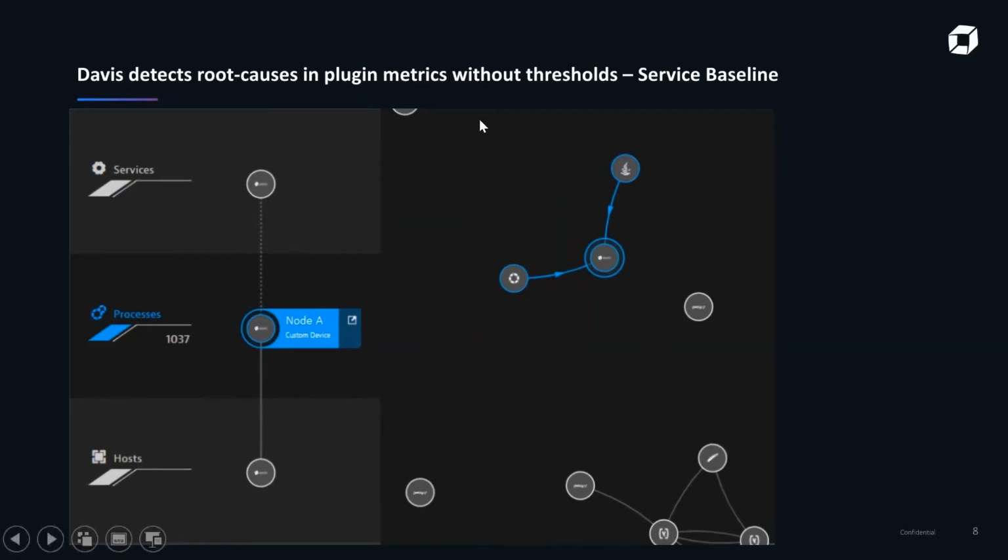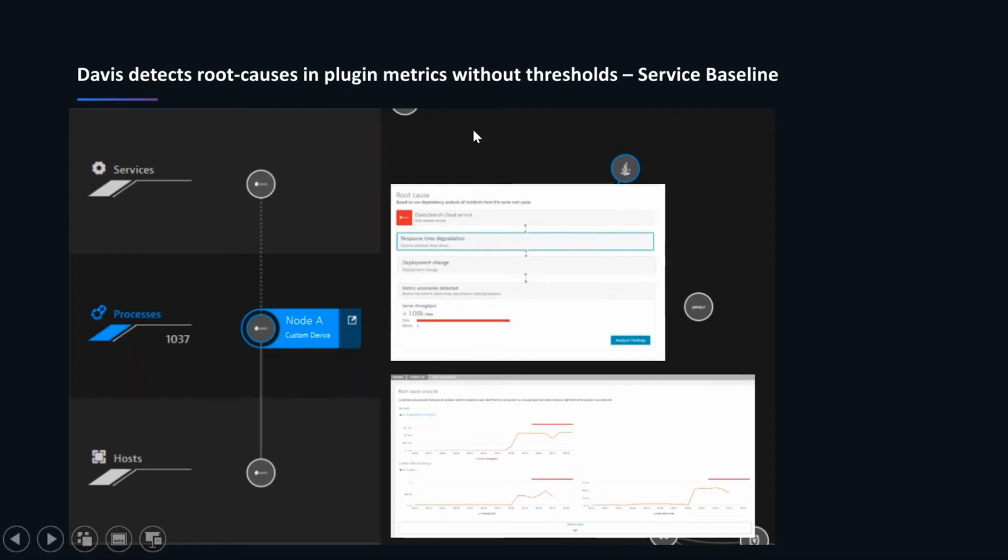And what that means is that this is then seen and baselined by the AI. So Davis will detect root cause in plugin metrics without thresholds.